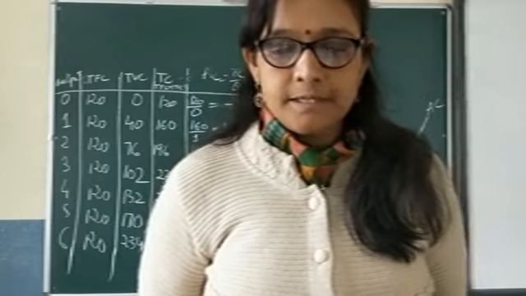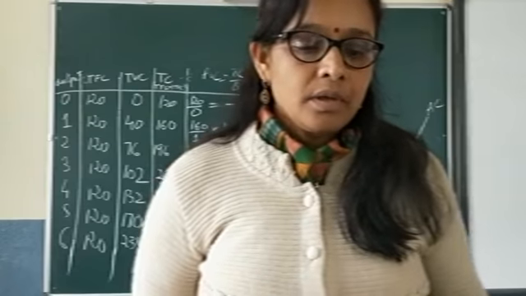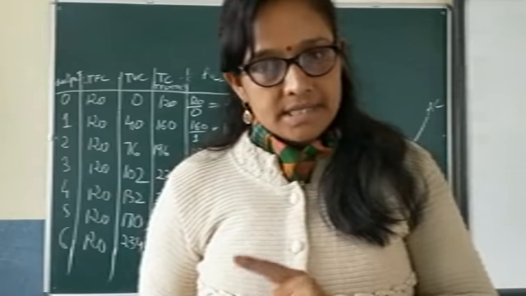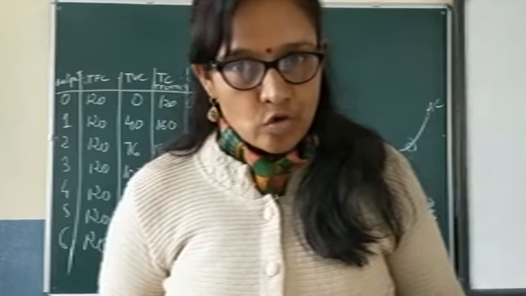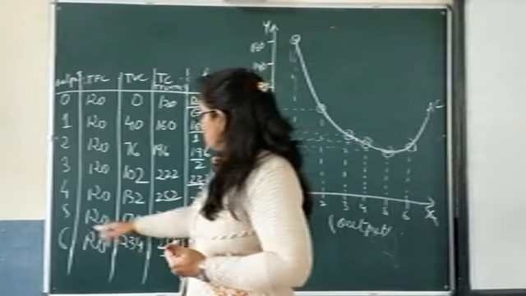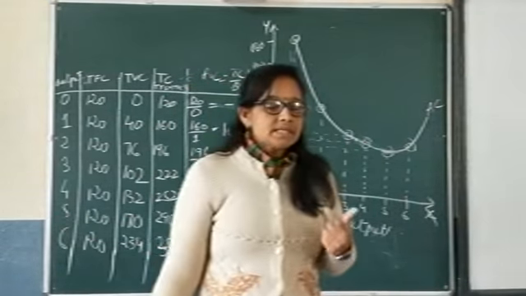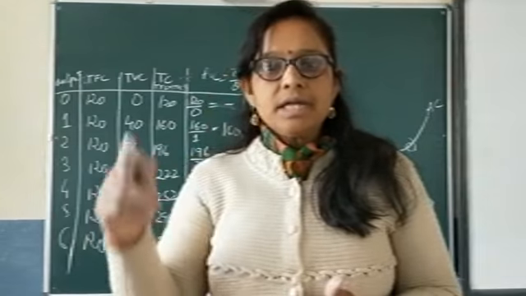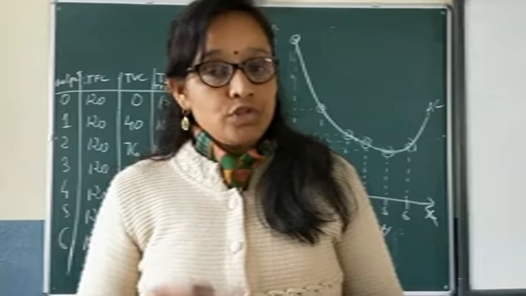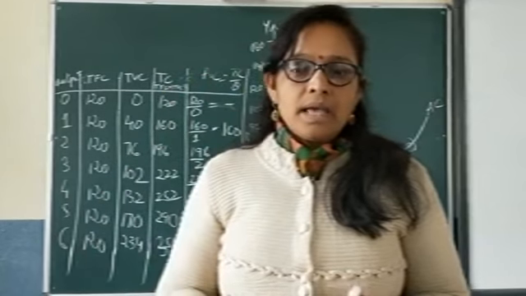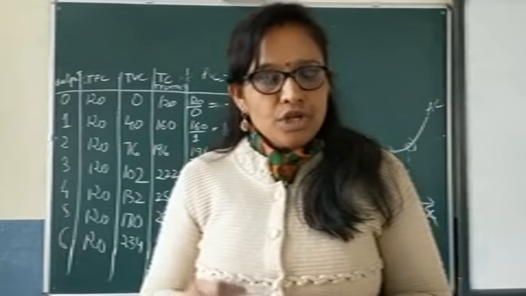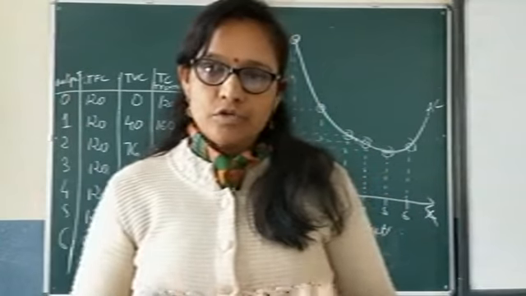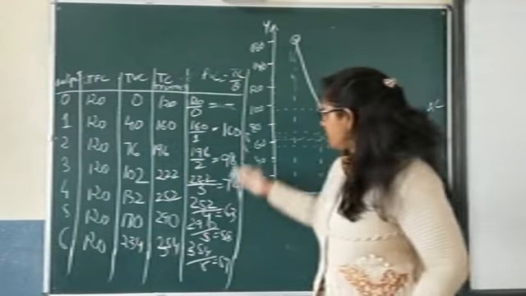From the above table, it is clear that average cost decreases with increase in the level of output up to fifth unit, and then from sixth unit onwards average cost starts increasing. Full stop. This much you people are going to write about schedule, and this only is the schedule.